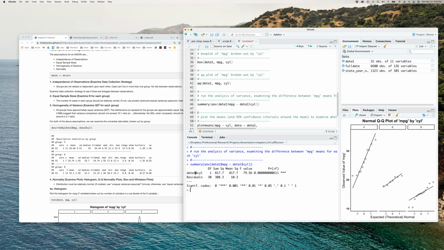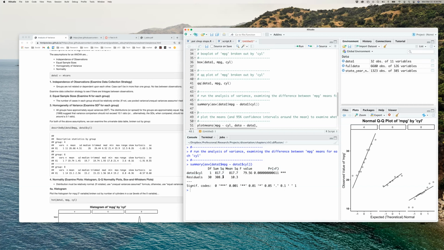So if we wanted to look at this, we'd say between groups, within groups, here's degrees of freedom, here's sum of squares, here's mean square, right? So we have 1 DF between, 30 DF within. Sum of squares between is 817.